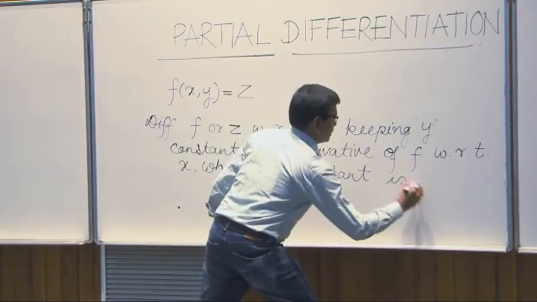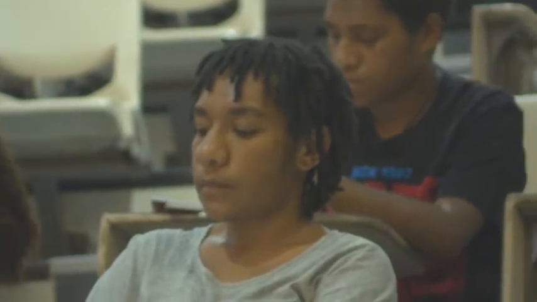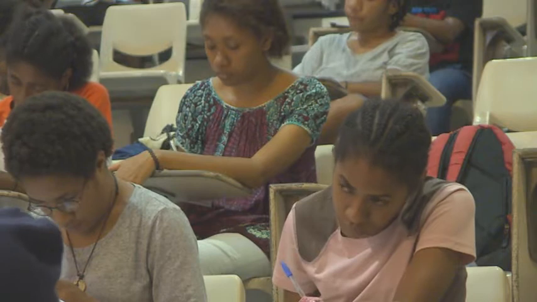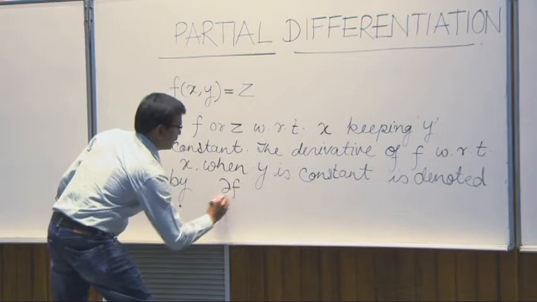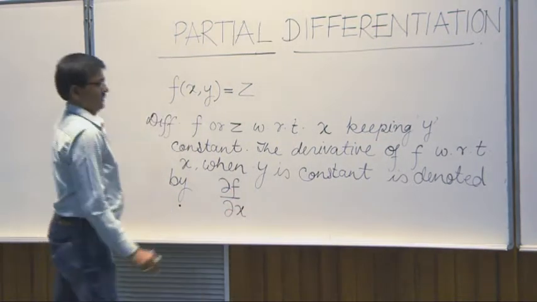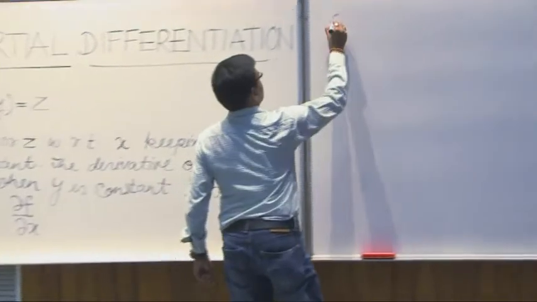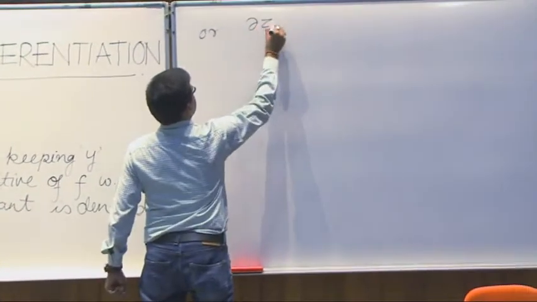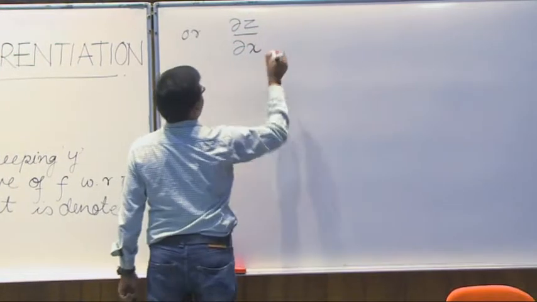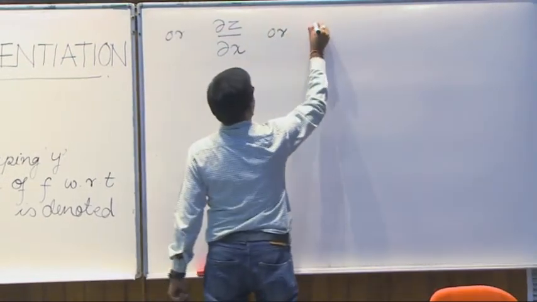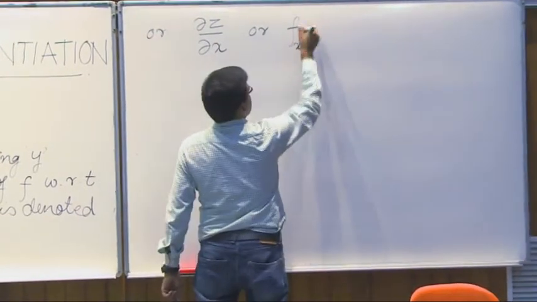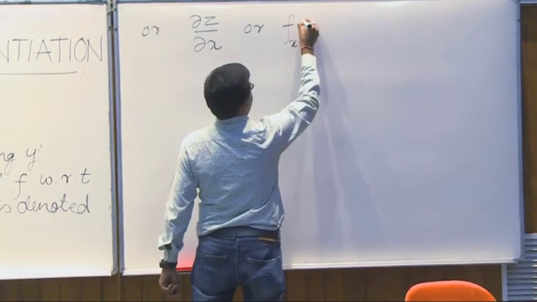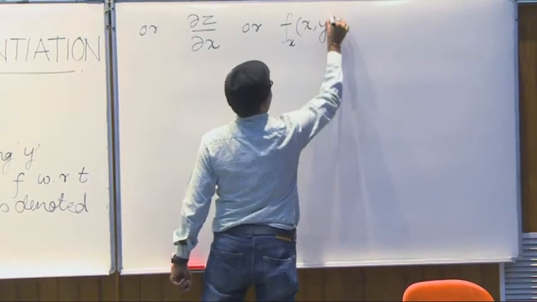This is denoted by del f del x, or del z del x, or f with subscript x, function of x and y.